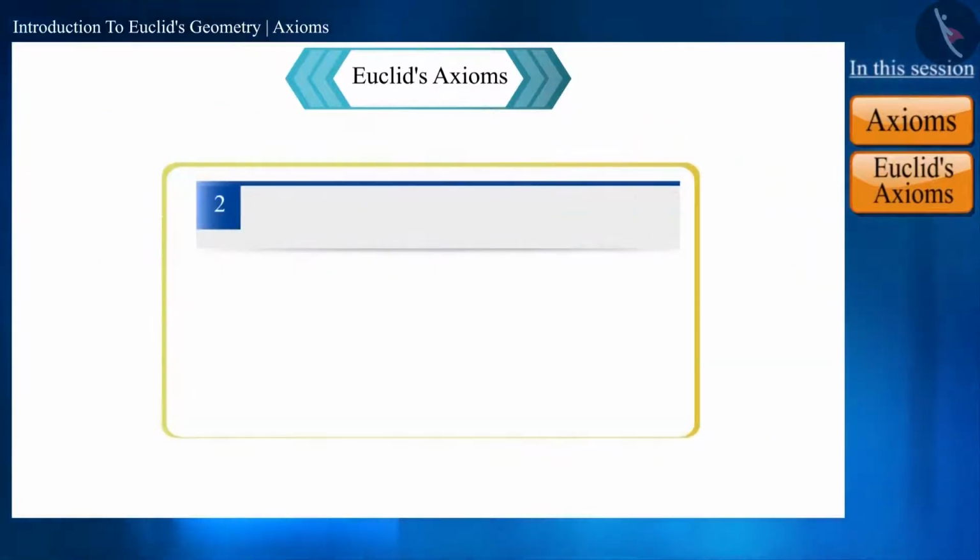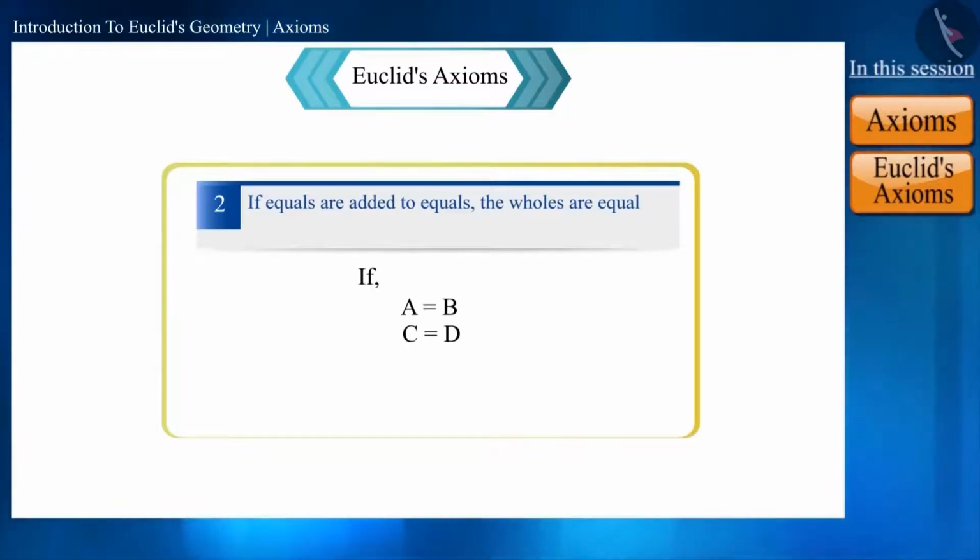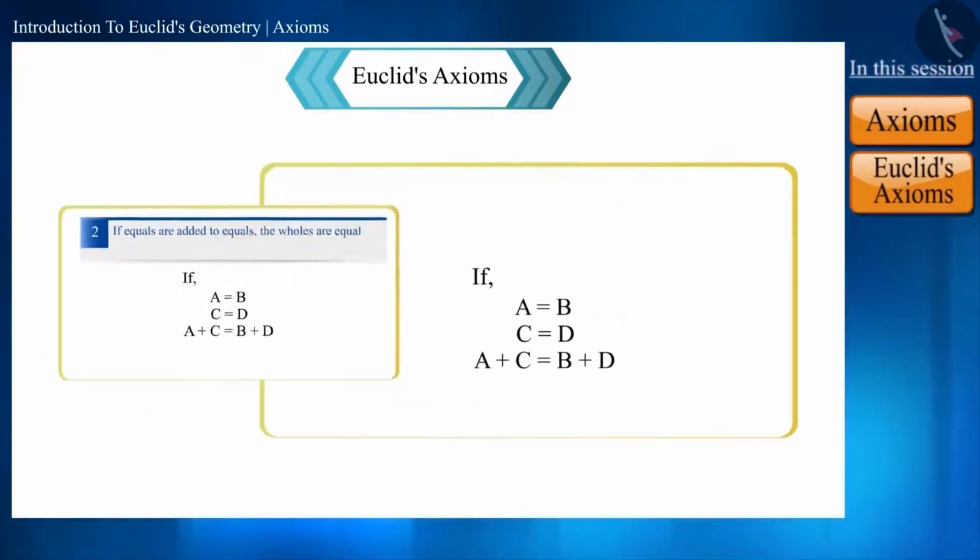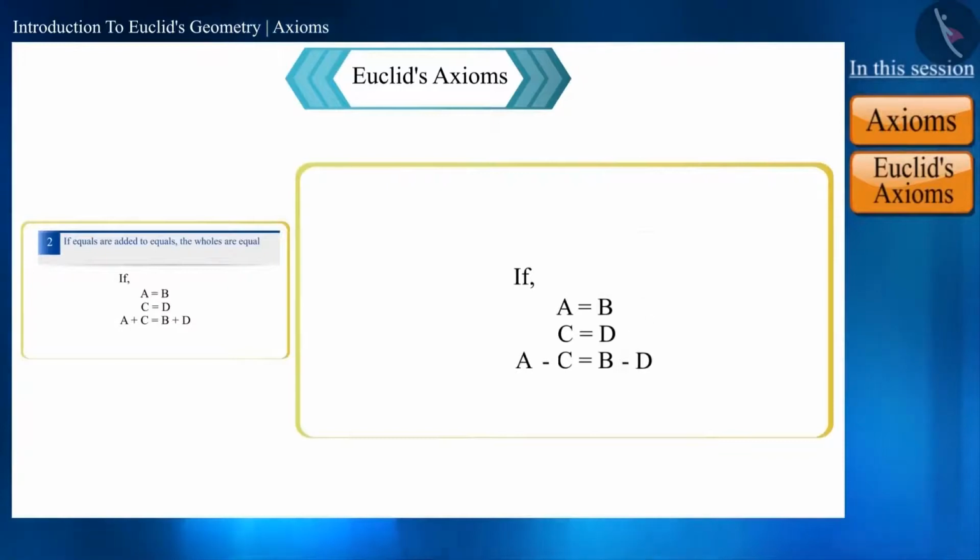According to Euclid's second axiom, if equals are added to equals, the wholes are equal. That is, if A is equal to B and C is equal to D, then if we add C to A and D to B, then A plus C will be equal to B plus D. If instead of adding, what will happen if we subtract?